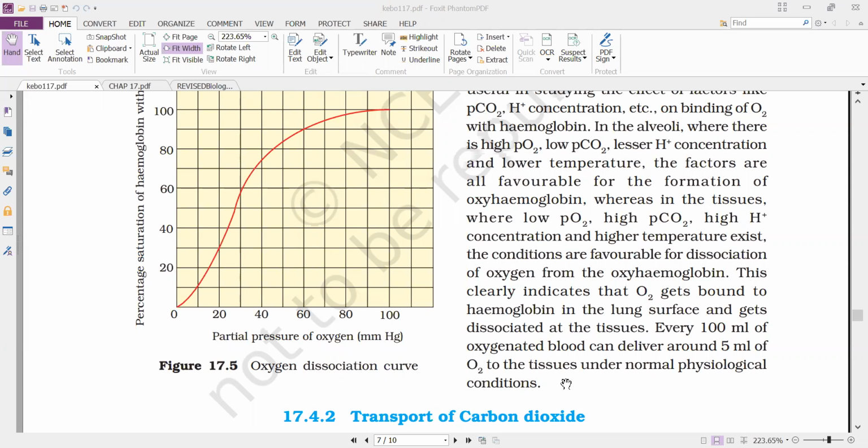That is how the transport of oxygen will occur from the lungs to the different tissues of the body by association and dissociation: association at the lungs and dissociation at the tissues.